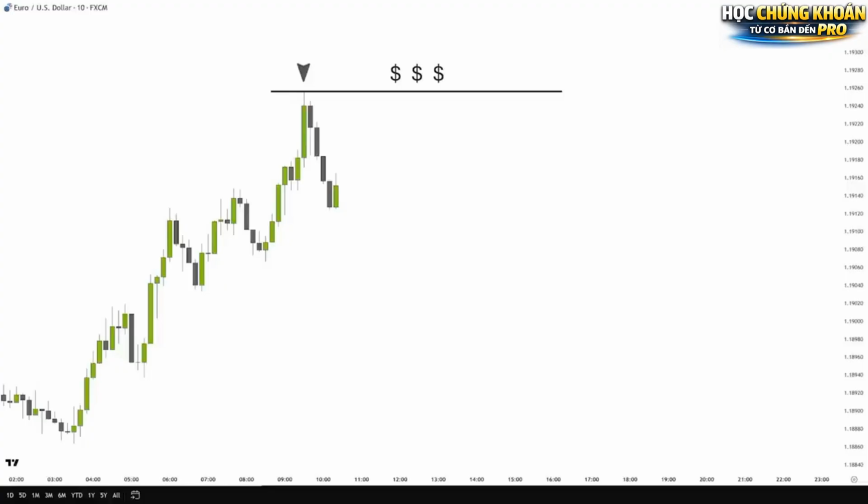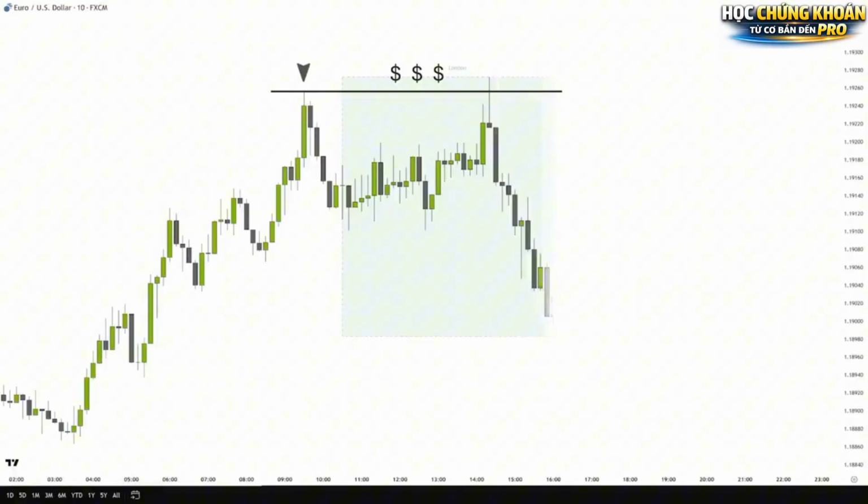During the London kill zone, the market frequently moves toward these areas to capture liquidity before making the real move. This is why traders often see false breakouts or quick sweeps of highs and lows during this time. Once liquidity is taken, the market may reverse and begin a strong move in the opposite direction.